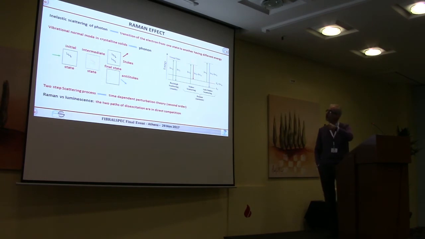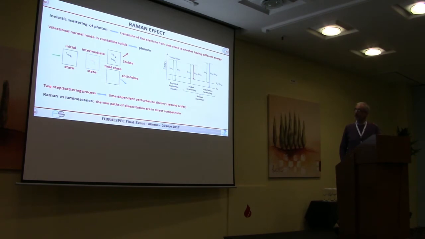We normally focus on the Stokes one for a number of reasons, which I'm not going to discuss here. So this is the process. You get a green laser line photon, for instance, and you have some intermediate state, which is very complicated. I'm not going to discuss it. And you might produce a photon with less energy, or you just absorb this photon and get more energy for the photon which is getting out.